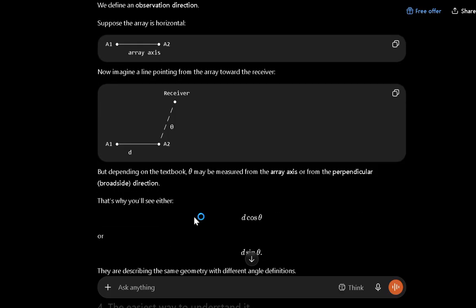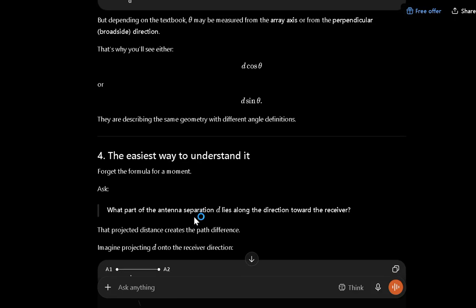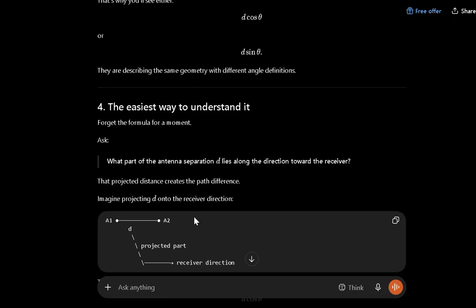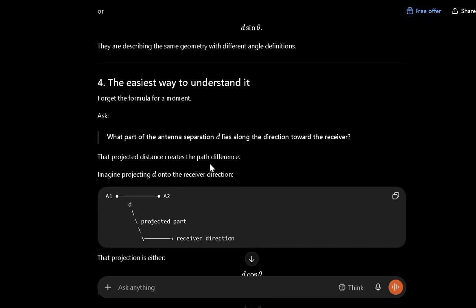That's why you see d cos theta or d sin theta. They describe the same geometry. The easiest way to understand is to forget the formula for a minute: what part of the antenna separation d lies along the direction toward the receiver? That projected distance creates the path difference. So we are projecting d on the receiver direction.